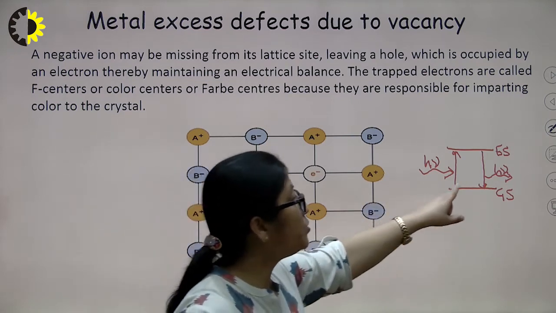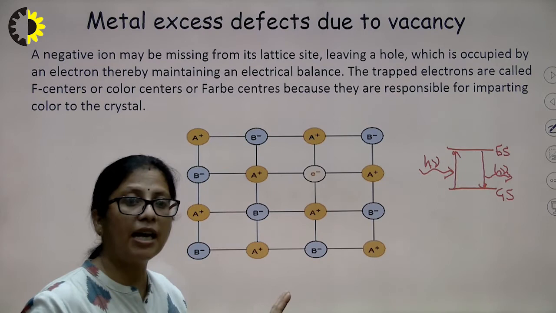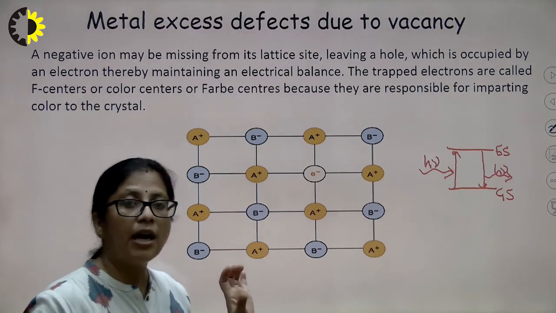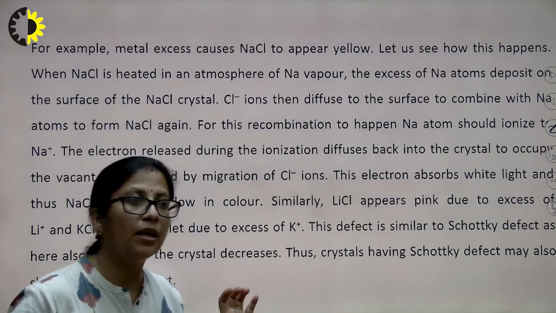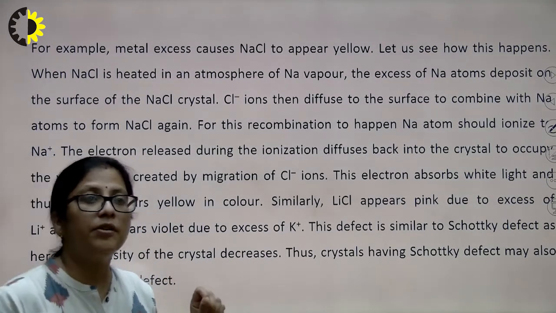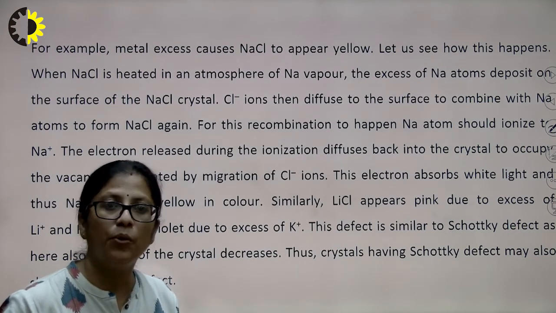Since it is going to re-emit light, NaCl of this type has acquired a yellow color. In this case, excess metal causes NaCl to appear yellow.